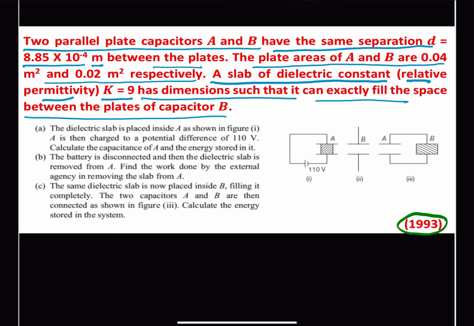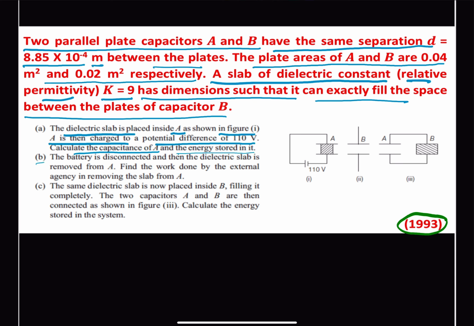So based on this, we have 3 questions. In the A part, it states that the dielectric slab is placed inside A as shown in figure 1. A is then charged to a potential difference of 110 volt. Calculate the capacitance of A and the energy stored in it.